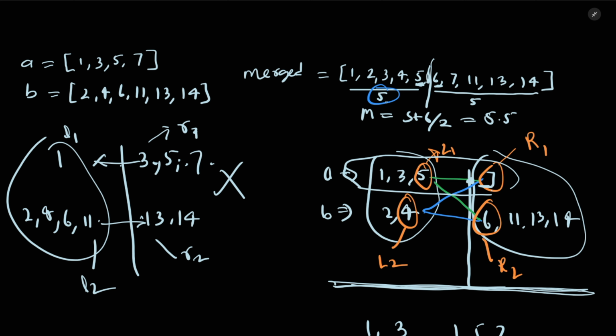Before that, we also need to make sure that we have 5 elements on the left side and 5 elements on the right side. So let's try to write logic to find this left and right.